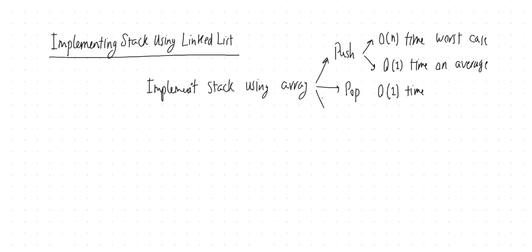For top, again, you return the element at index size - 1, if you remember. And since we have an array as the underlying data structure, it's constant time to return an element at some specific index. And finally, empty, which tells us whether or not the stack is empty. We look at the size. If the size happens to be 0, then the stack is empty.